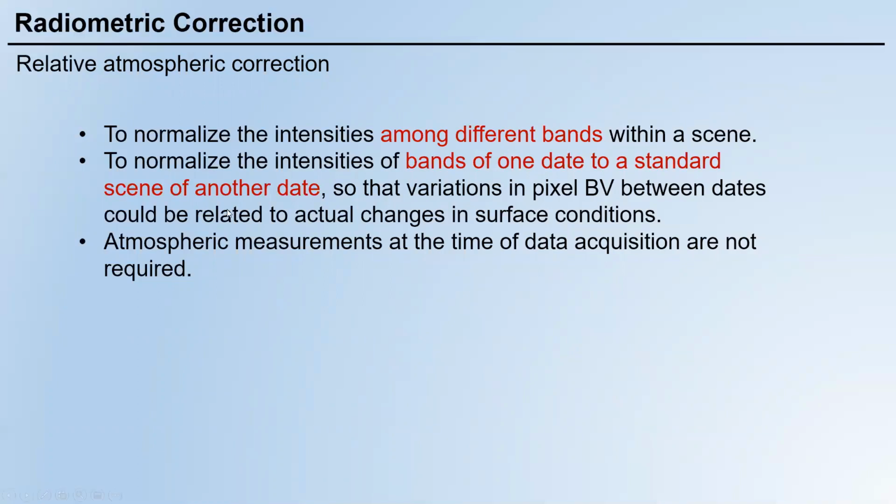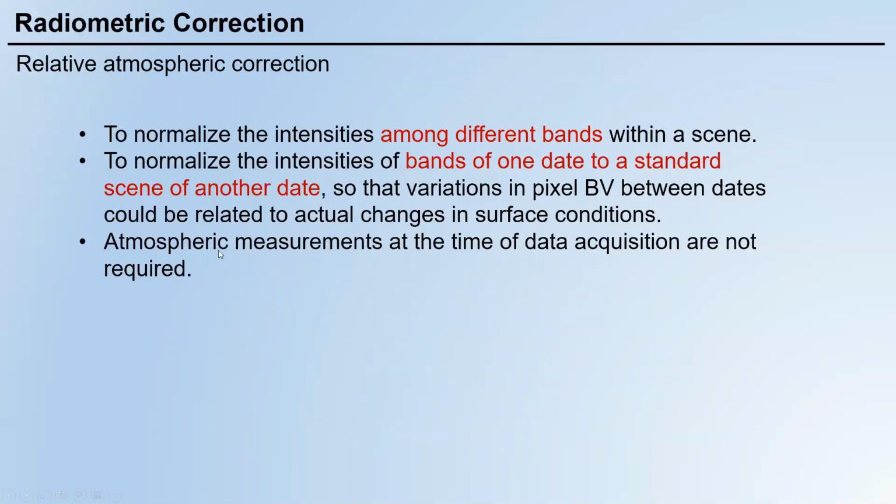The purpose is to normalize the intensities among different bands within a scene, and to normalize the intensities of bands of one date to a standard scene of another date. So it's relative between bands and relative between one image and another standard scene or reference image.